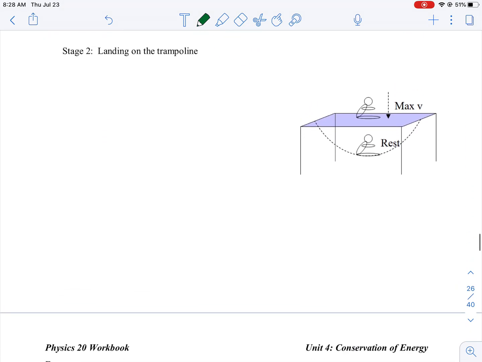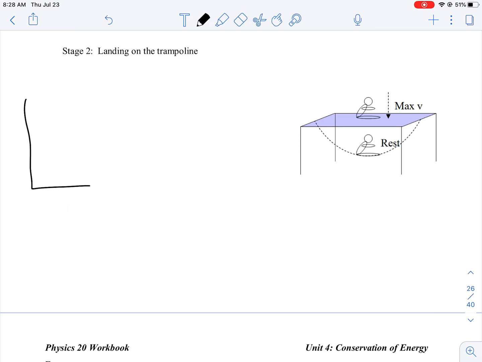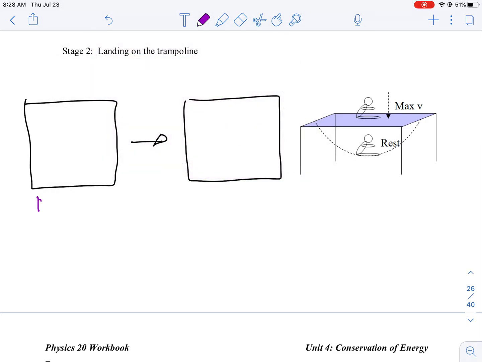Next, let's talk about landing on the trampoline. So you're landing and then you stretch it to a very low level underneath. And we'll do the exact same procedure. So we'll do box to box, remembering that the first one is what decreases and the second one is what increases.